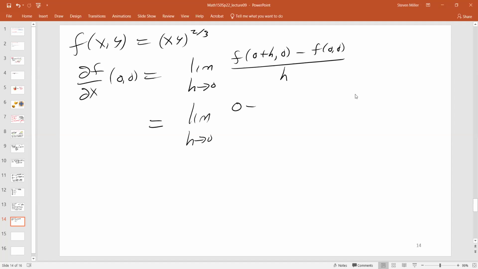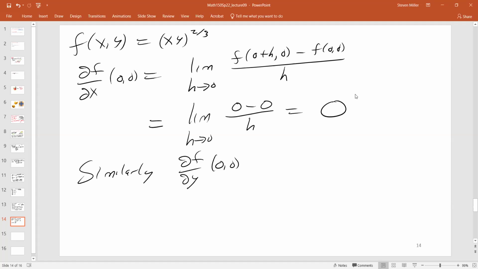So when x and y both equal 0, what is f of x, y going to be? Also 0. So we have 0 over h, which is just 0. Similarly, df/dy at (0,0) equals 0.